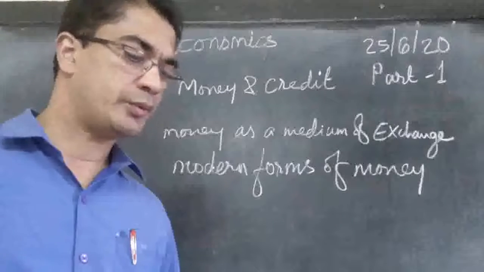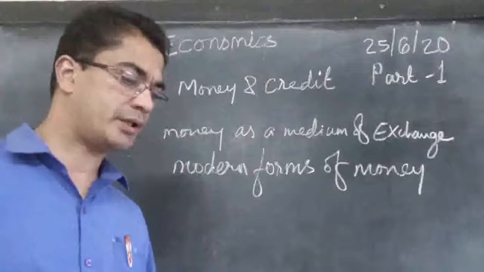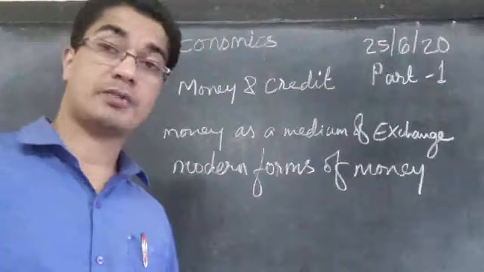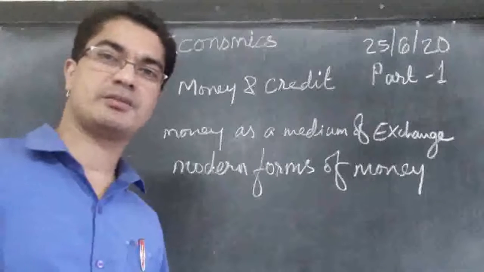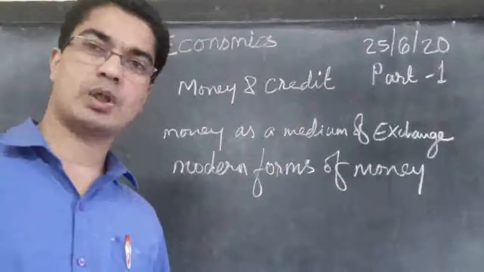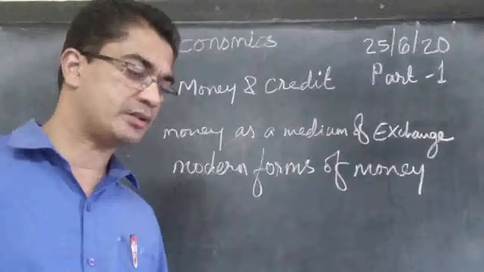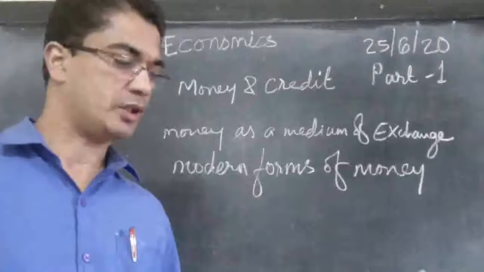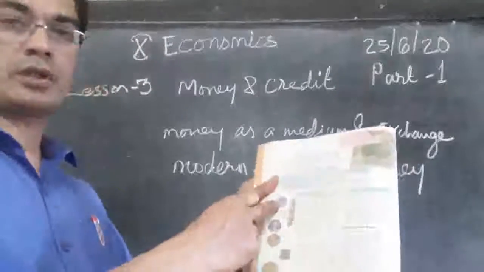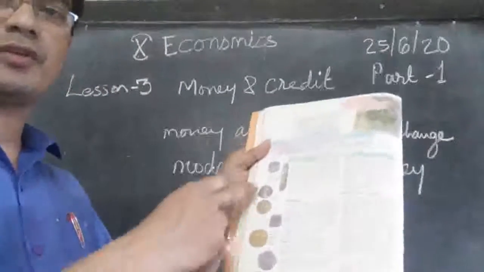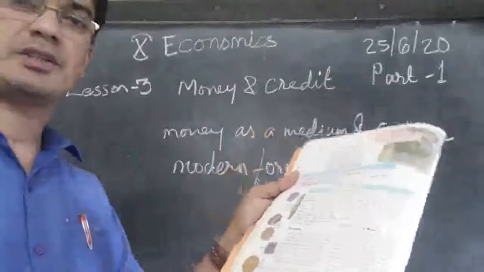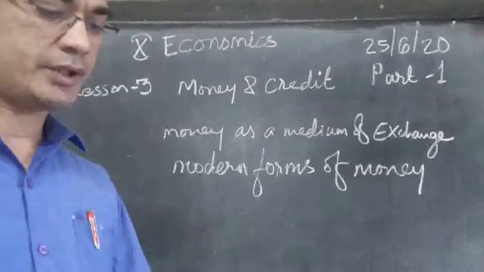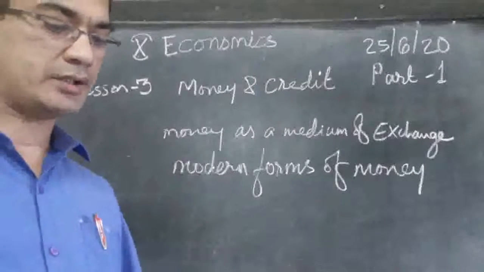So afterwards, people found out more important things like metallic coins. Sometimes it was gold coins, then they started silver coins, then copper coins, and so on. Different metals were used for making coins. You can see some of the coins that were used in different eras. The early punch-marked coins may be 2500 years old.